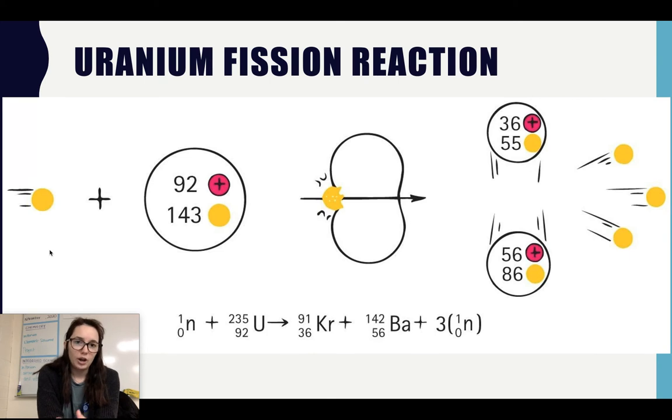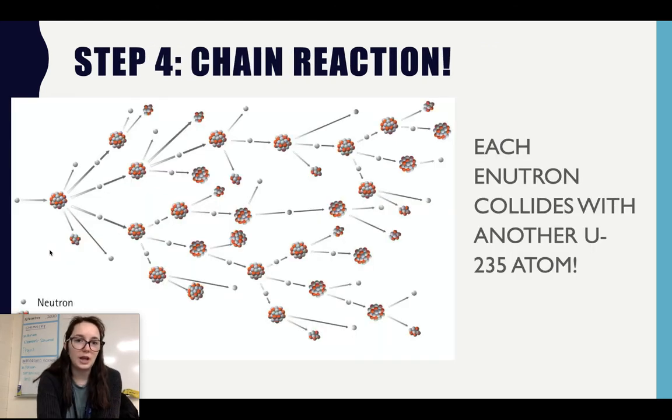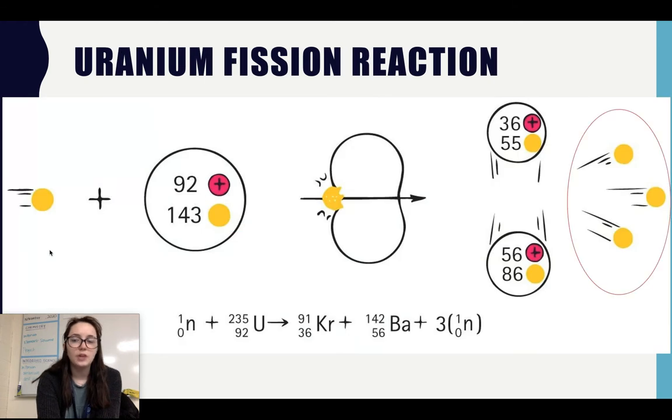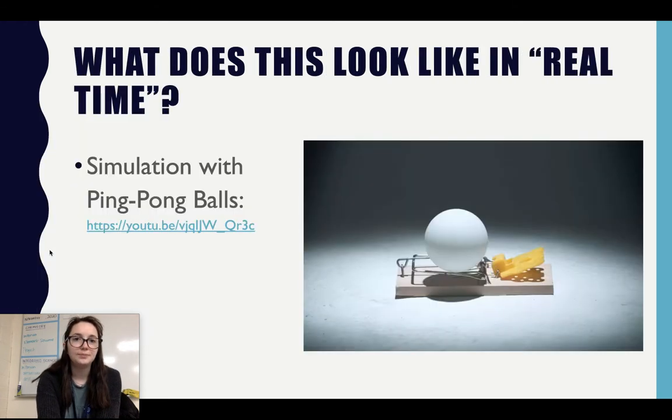I have a neutron, it hits an atom, breaks it apart, releases 3 neutrons, those go off, and the neutrons then break 3 more uranium atoms, and then those have 9, and those break more, and then those have some, and then they break more, and that's where I get this big chain reaction. The 3 neutrons is what's really important in understanding this reaction.